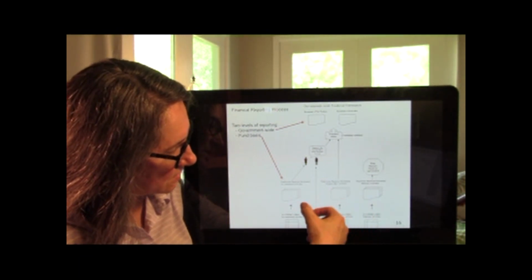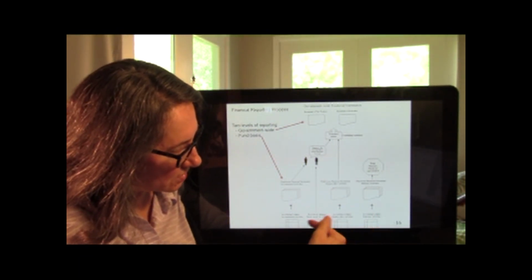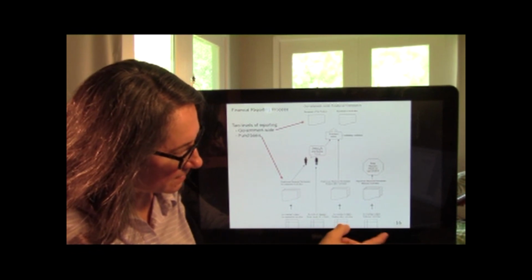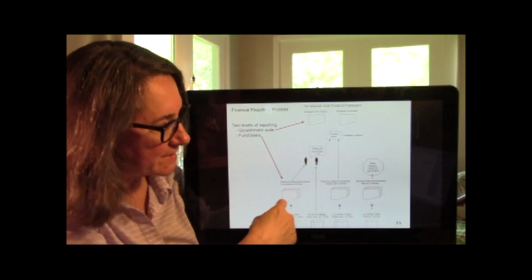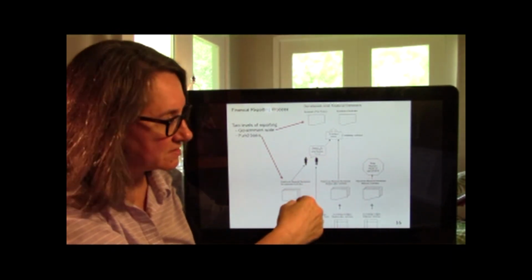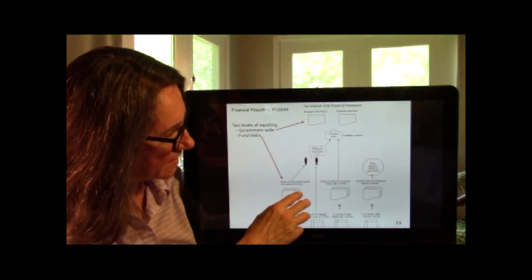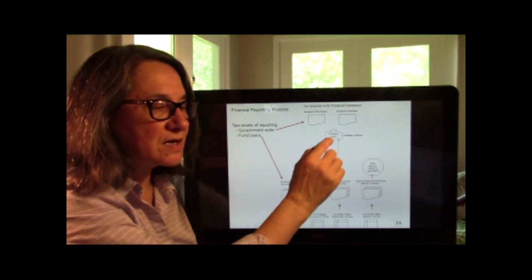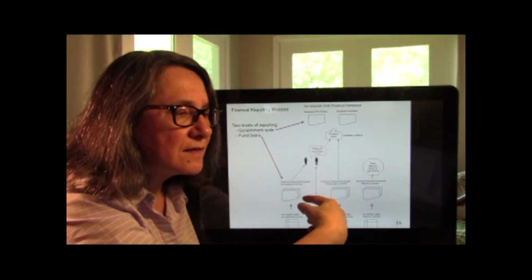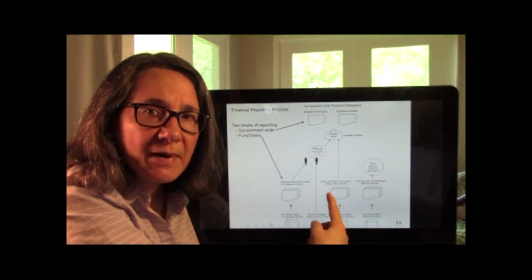All right, so the transactions occur in the ledgers, and we prepare these various fund-based statements. And then there's this reconciliation, because these are done on a modified accrual basis.